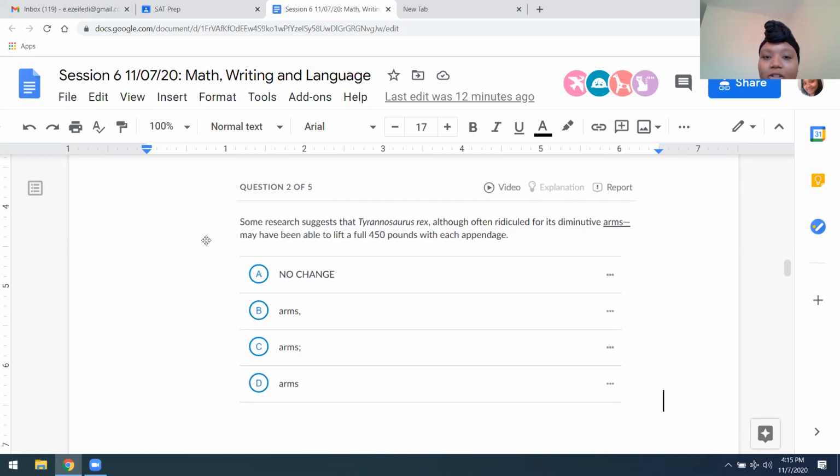Cadence is a rhythm of how we speak. So some research suggests that Tyrannosaurus rex, although often ridiculed for its diminutive arms, may have been able to lift a full 450 pounds with each appendage.